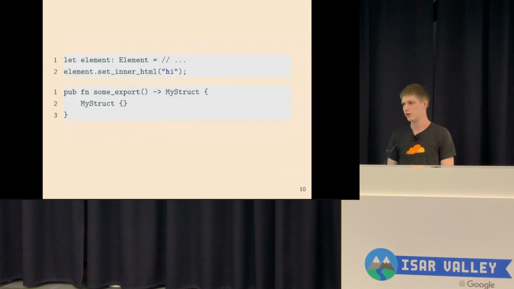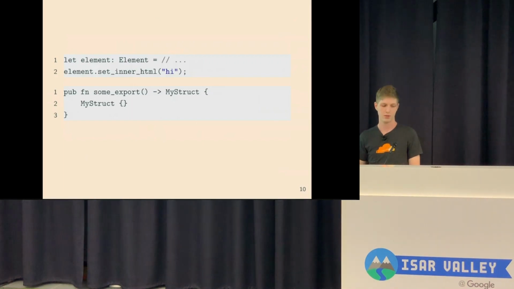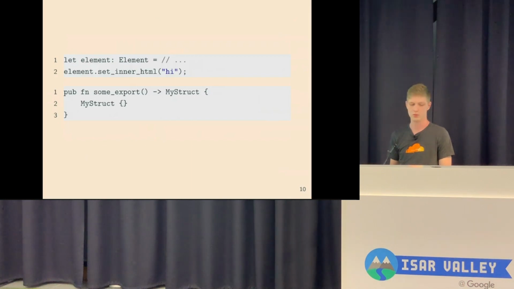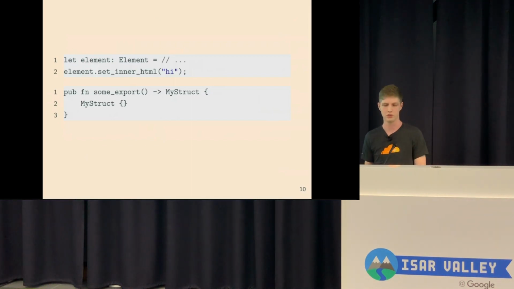So for example, the first example you can think of is that you can set the content of a DOM element just by saying, on line 2, set inner HTML, boom, your string. And wasm-bindgen will do the magic, interpreting the string, passing it into JavaScript, calling the DOM, etc., etc. It's really simple to use.